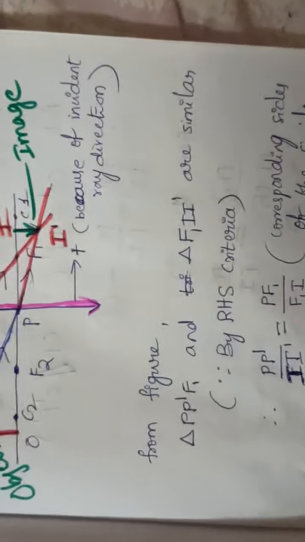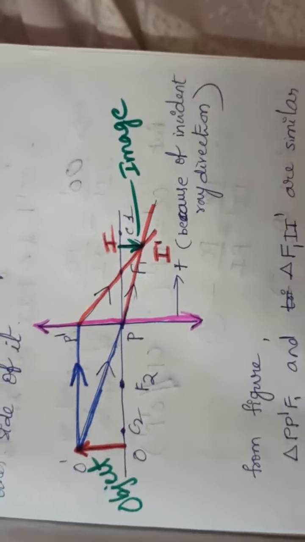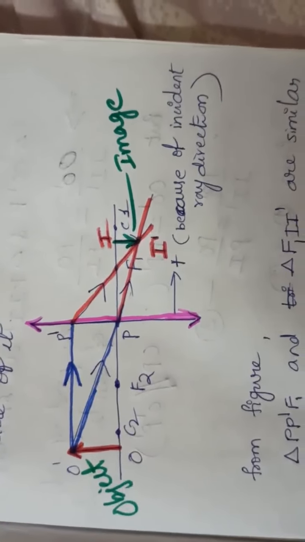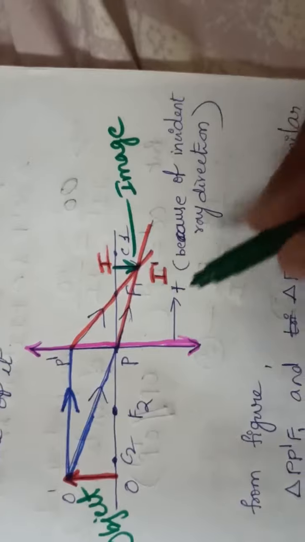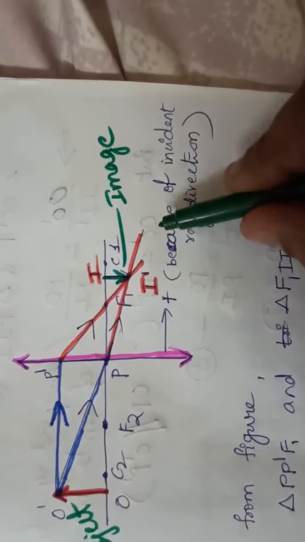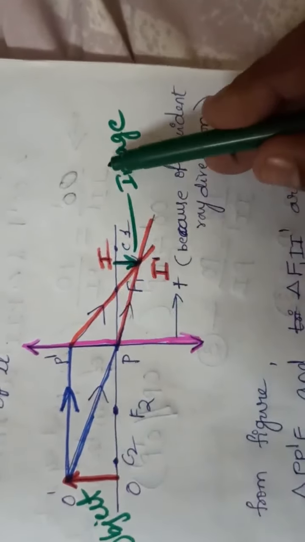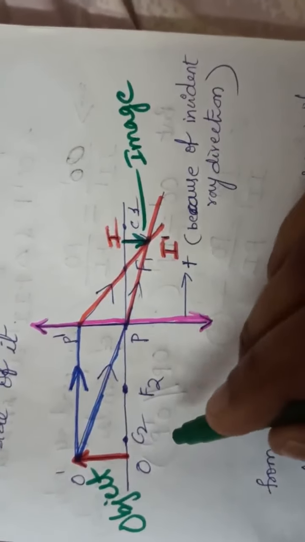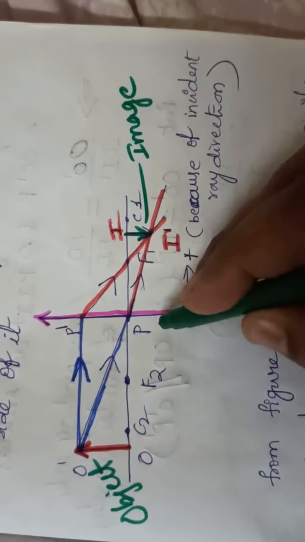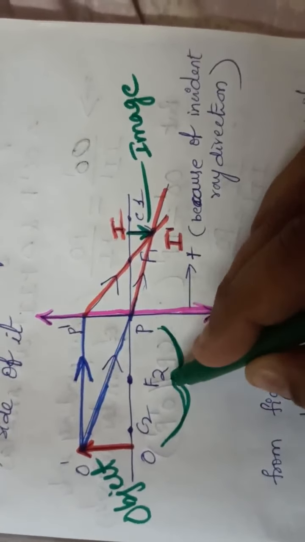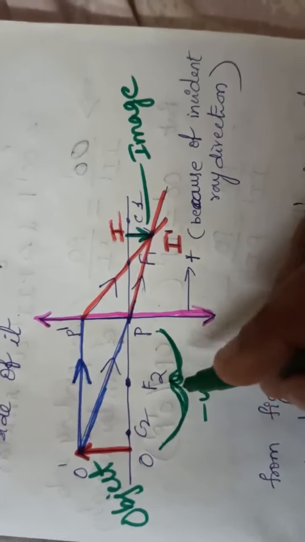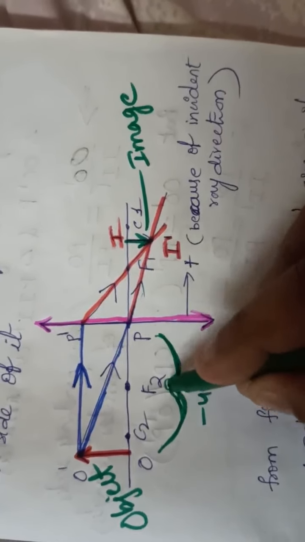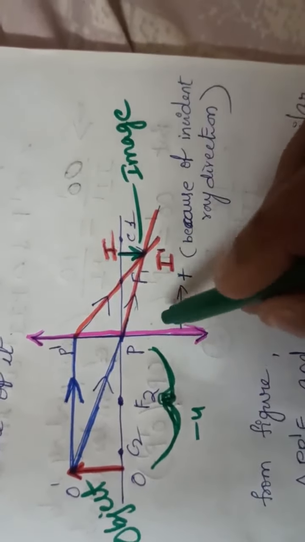I think you got this. Like the previous figure, here we are taking the values on this side as positive. Why? Because the incident ray is going like this. Here OP is the object distance U, and in this direction we are taking values as minus.